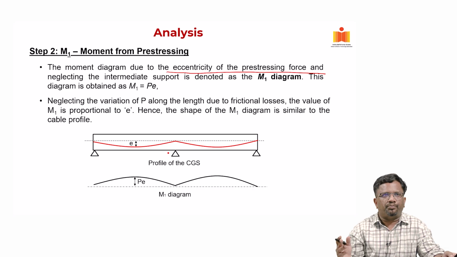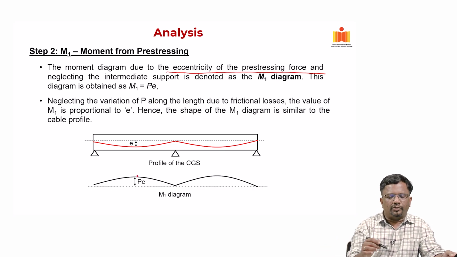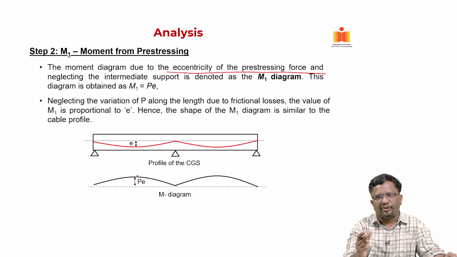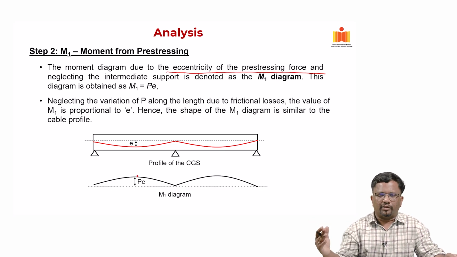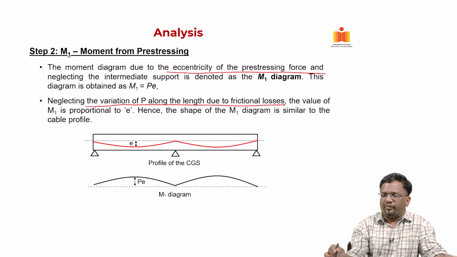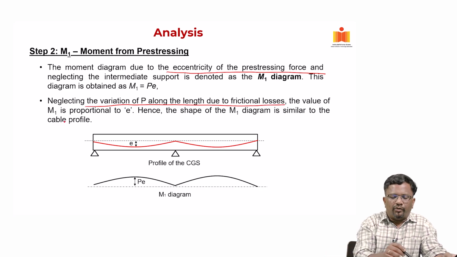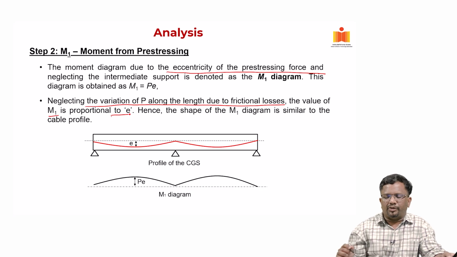So, whatever the profile that you have, that will be the profile of your pre-stressing moment as well, P into e, right. Of course, the pre-stressing force, especially in a post-tension system, can vary along the length of the span if you consider the losses. But if you neglect the variation of the pre-stressing force due to frictional losses, the value of M1, which is a primary moment, will be proportional to e.